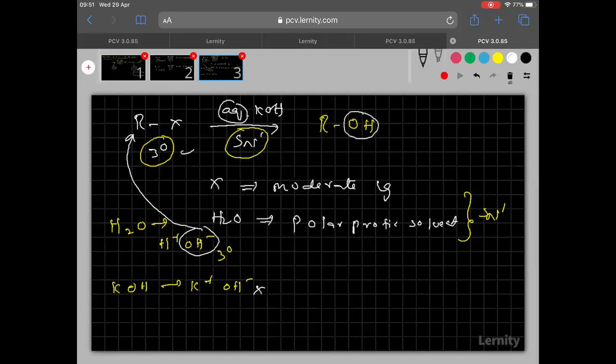OH came from KOH or from water? Remember, this is the most important one, OH comes from water. Hope you are able to understand. Is it clear?